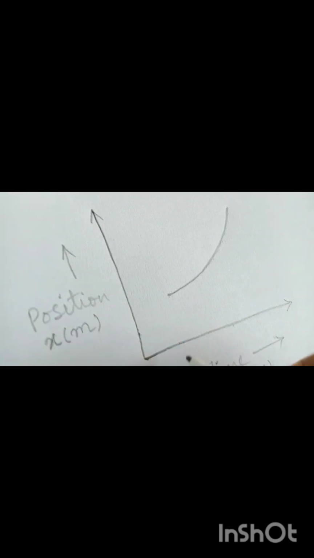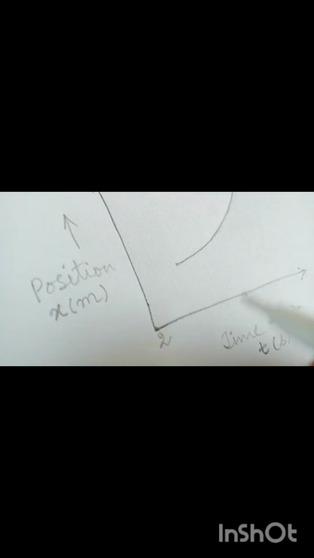Let us point out the origin. At this origin, time is 0 and the value of position is 0, that means the object is at rest.